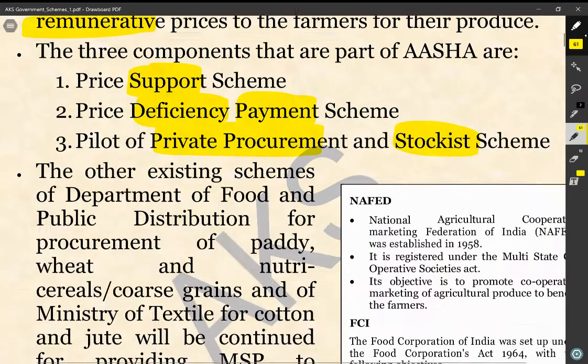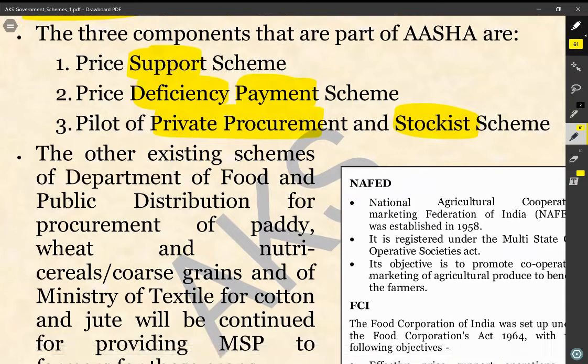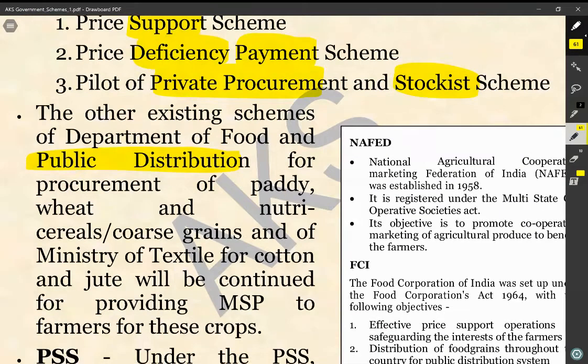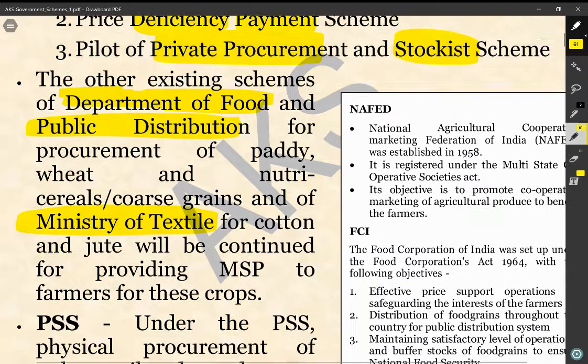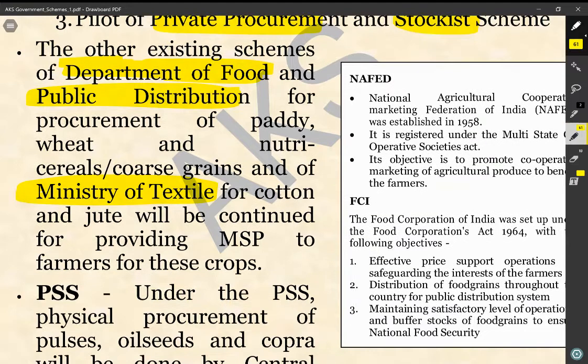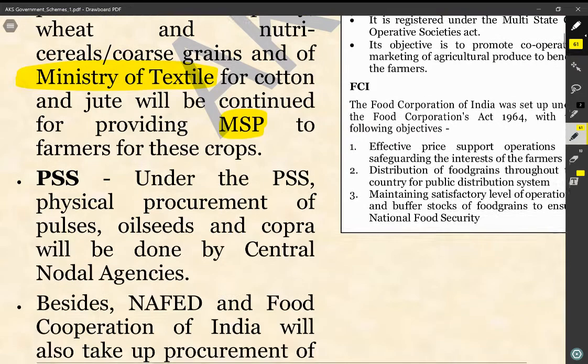The other existing schemes of the Department of Food and Public Distribution for the procurement of paddy, wheat, and nutri-cereals or coarse grains, and of the Ministry of Textile, as well as the schemes for cotton and jute, will be continued for providing MSP, that is, minimum support price, to the farmers for these crops. What is this PSS?